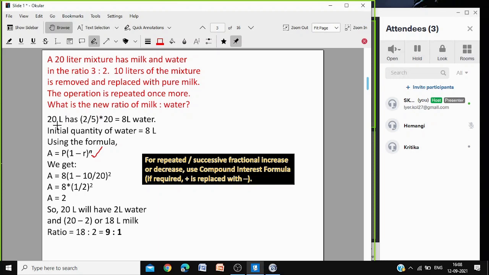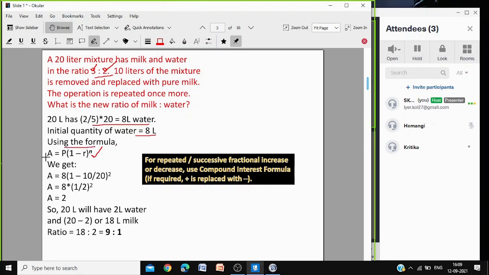A certain fraction of the milk is gradually increasing, and the fraction of water is gradually decreasing. So 20 liters, when you have a 3:2 ratio, means 3 by 5 will be milk and 2 by 5 will be water, right? So we have initially 8 liters of water. 20 liters divided in the ratio 3:2, 2 parts out of 5, 2 by 5, that is 8 liters of water. Now the initial quantity is 8 liters, now use the formula.